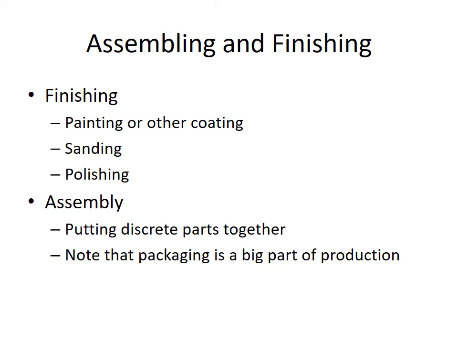Those are part of a finishing process. Assembly is putting discrete parts together. That's really all manufacturing is, making different discrete parts and hooking them together in the assembly process. So that's generally a whole separate process, and we're not going to spend a lot of time with it, but that is part of it.